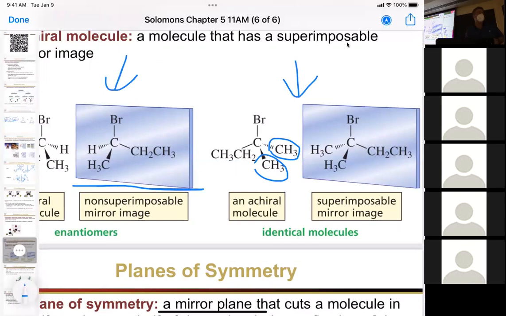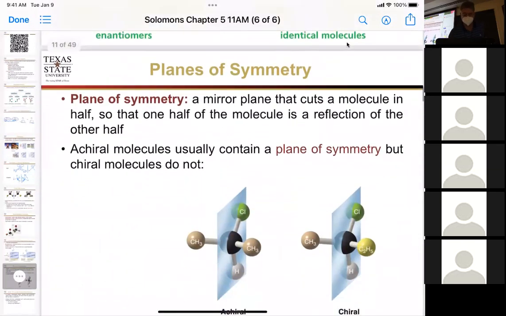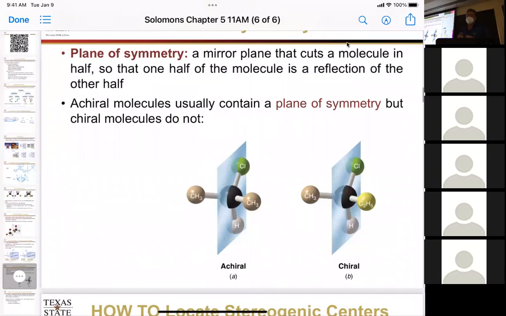Once we have our chiral molecule, we also have to start looking for what we call planes of symmetry, because that's going to come into play when the molecules start getting a little more complex. A plane of symmetry can be found through the center of a bond, through atoms, or through rings.